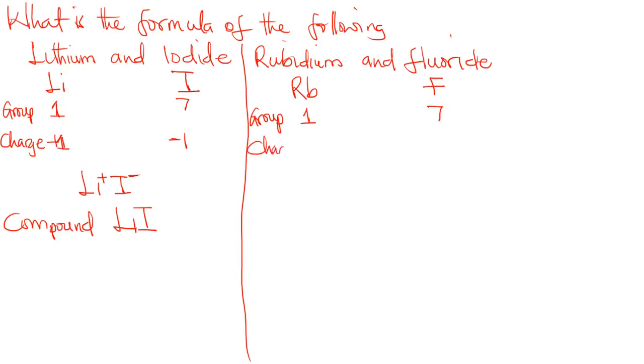Charge: this one has +1, and this one is -1 because it's in group 7. So our ions are Rb+ and F-. As we said, the plus and minus neutralize each other. We just have RbF. So that's the compound, rubidium fluoride.